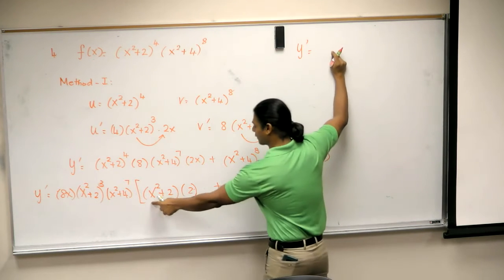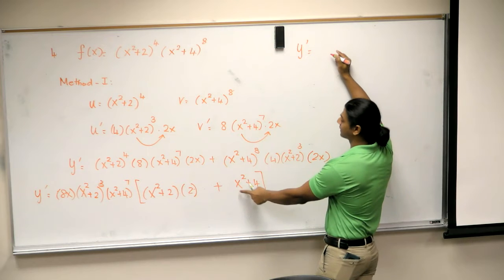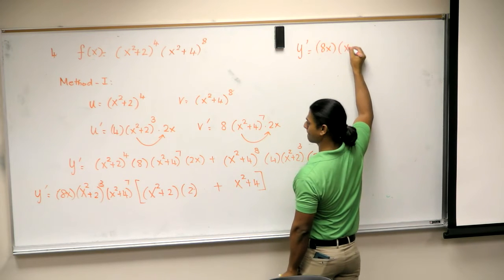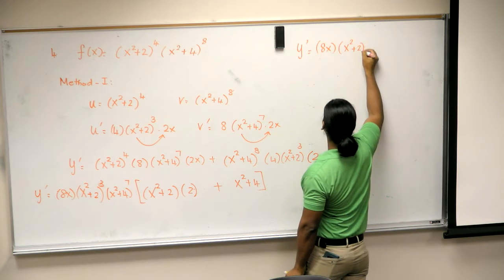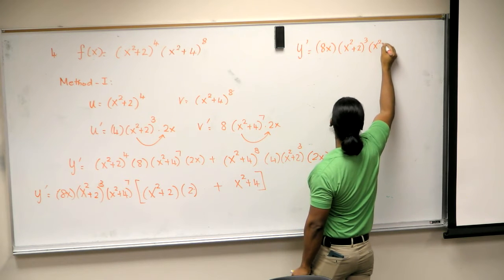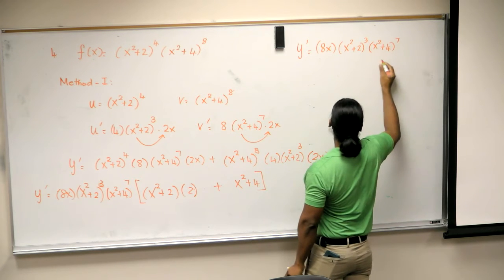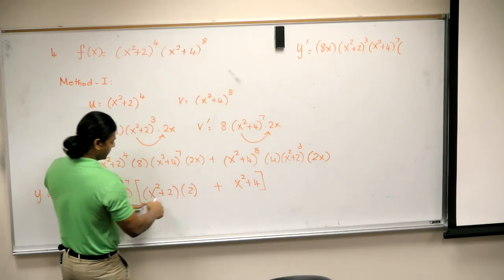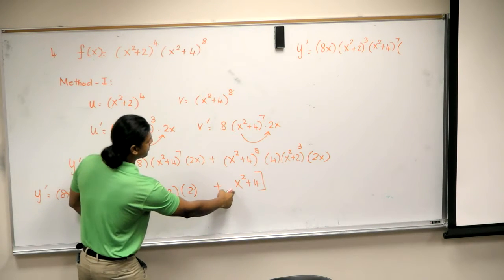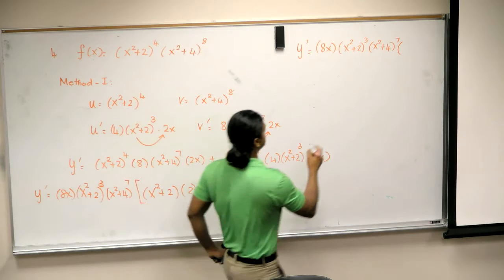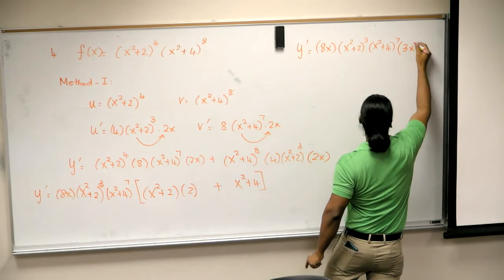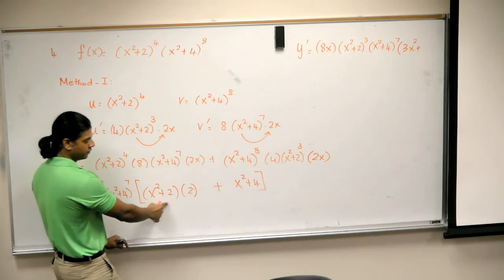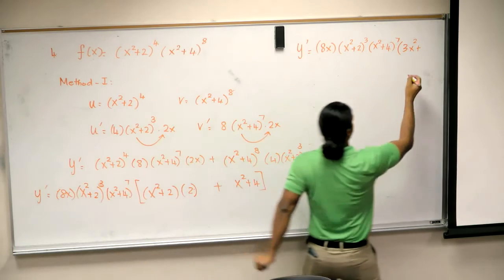So 2x squared plus x squared is 3x squared, and 2 times 2 is 4, 4 plus 4 is 8.